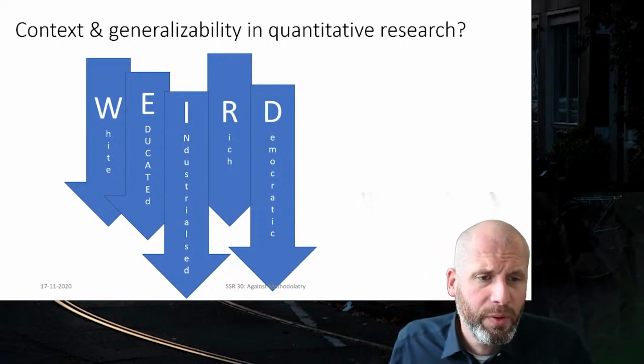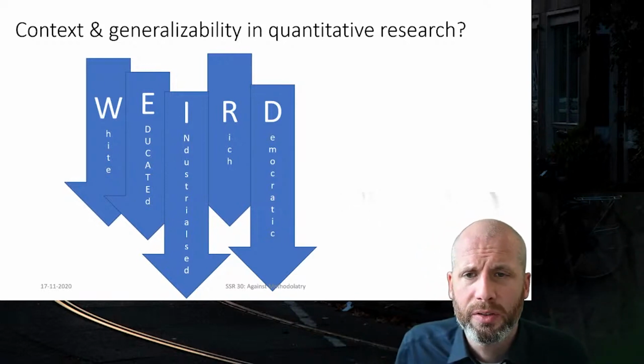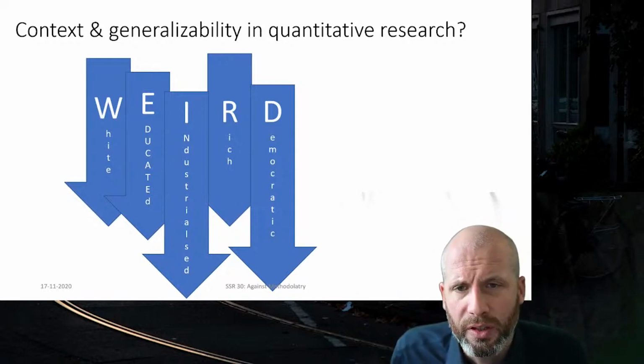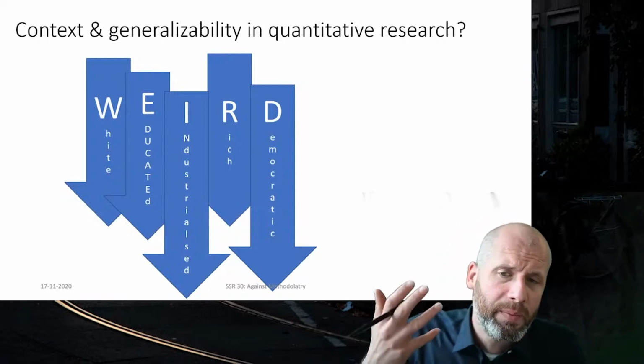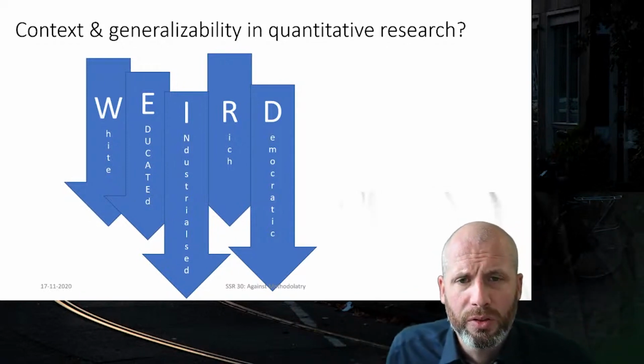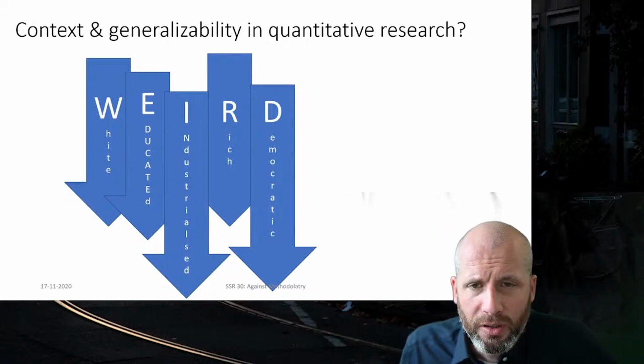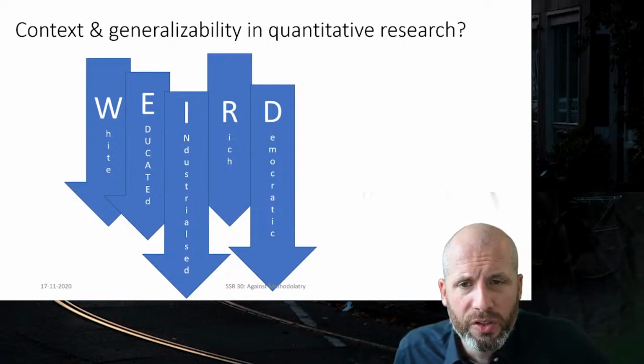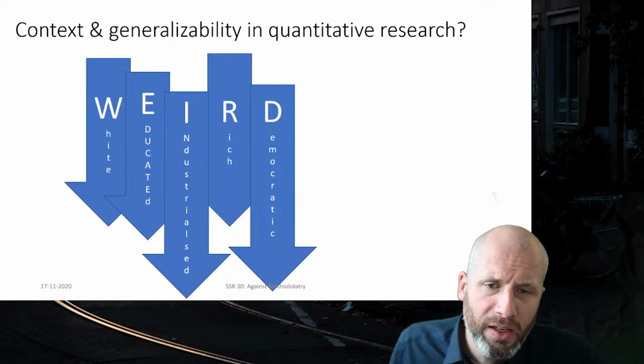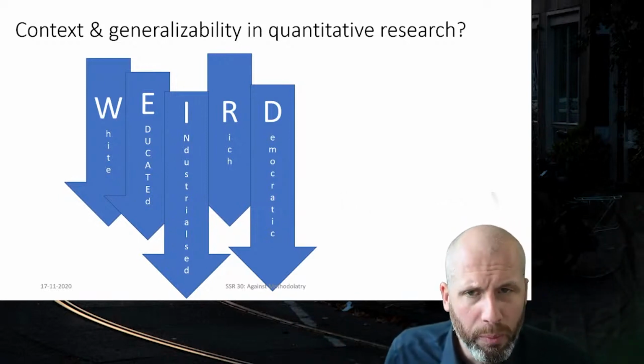So, we've been critical about the generalizability of qualitative research. Again, that same criticism we should level at quantitative research as well, or default research in psychology. One of the criticisms that might look familiar to you, depending on the courses you've taken, is that we do most of our research in psychology on WEIRD individuals, an acronym which stands for white, educated, industrialized, rich, and democratic people.